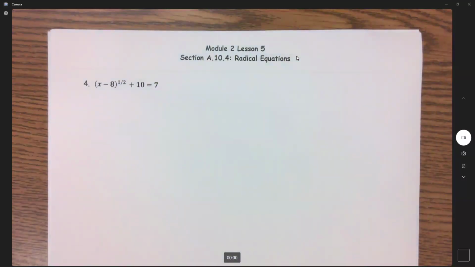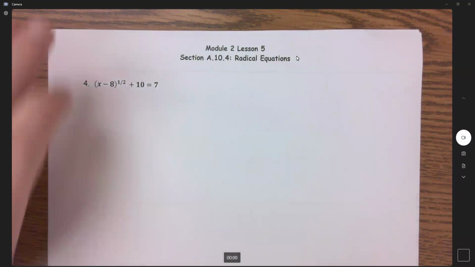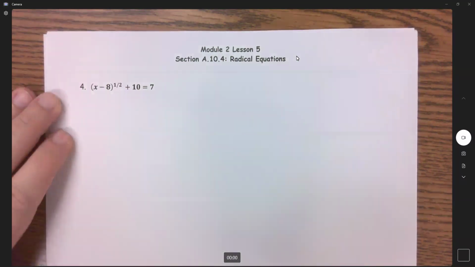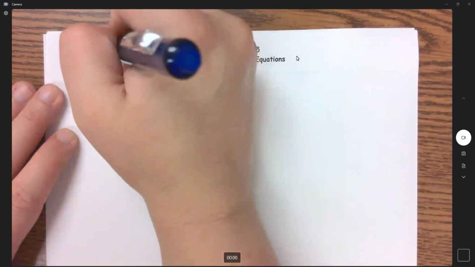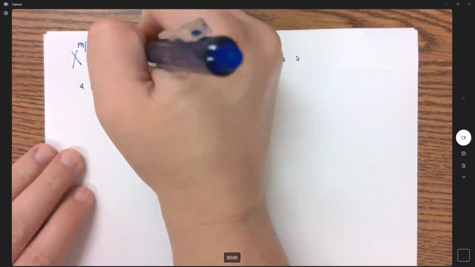This is still the same type of equation, but it's written with rational exponents. So there's a property that says if we have x to the m over n, whatever's in that denominator comes around and becomes the root. And then this numerator stays as the exponent.